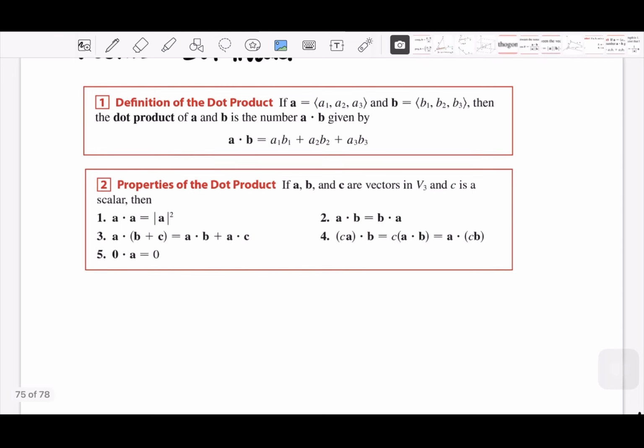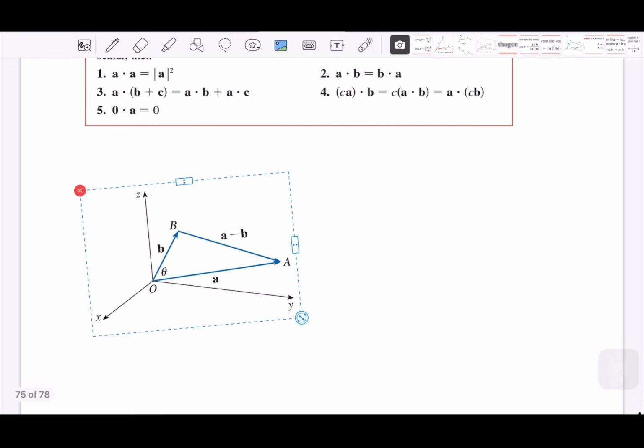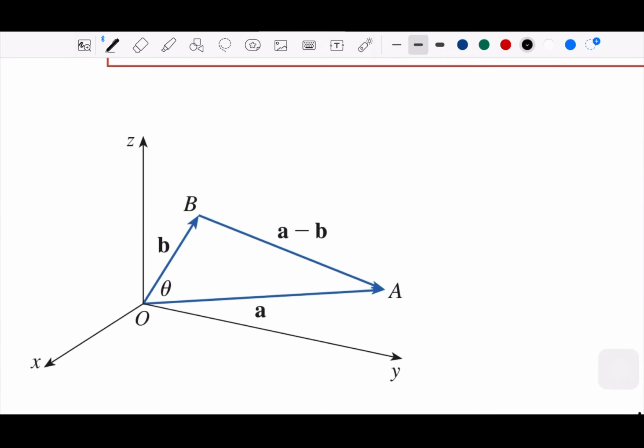Another important thing in the dot product is, let's see, if we have vector a and vector b, which means that vector a is from the origin to point a, and b is from the origin to point b. Then we have this side here, which we define as a minus b. So we have a triangle, the vectors kind of make a triangle.